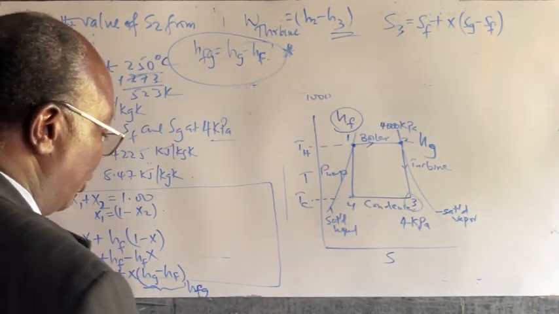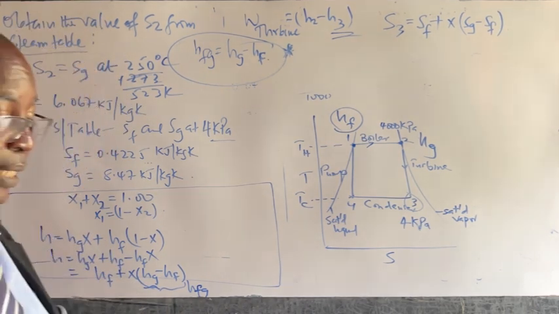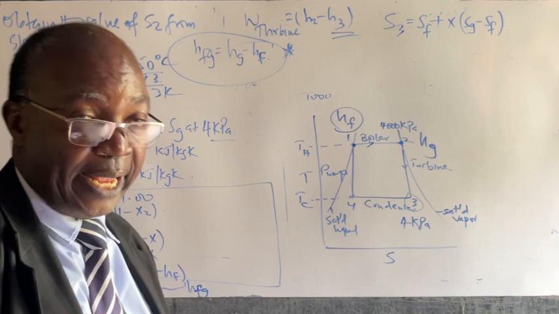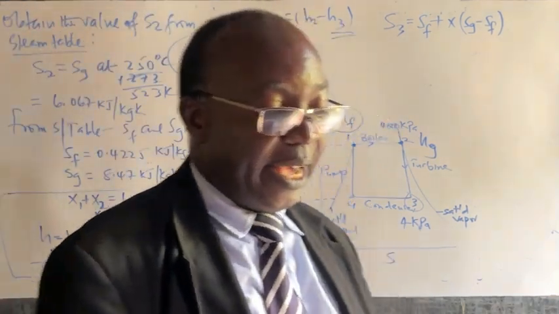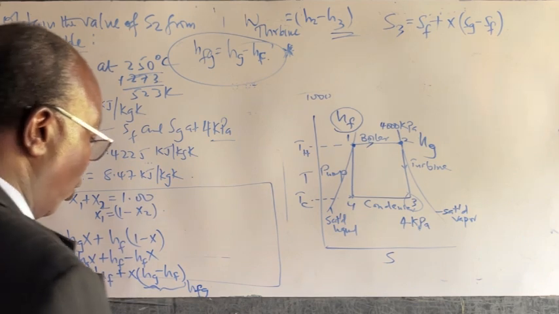So we can put in values. Again, you must look from your steam tables to see those values. I said you vary the pressures and keep working with them throughout and see what you get.